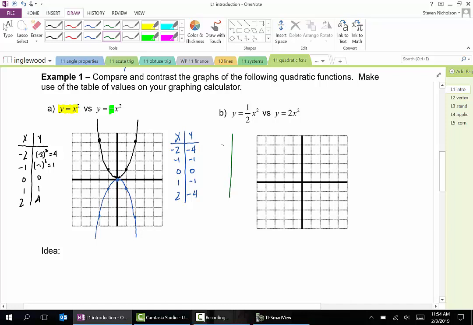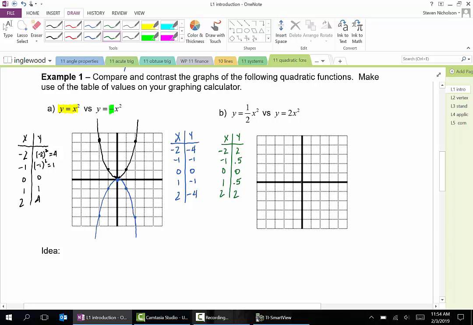Okay, so I'm going to do this one in green, and again, I'm just going to use the same points, some positives, some negatives, and whether you use your calculator or not, here's what you get.